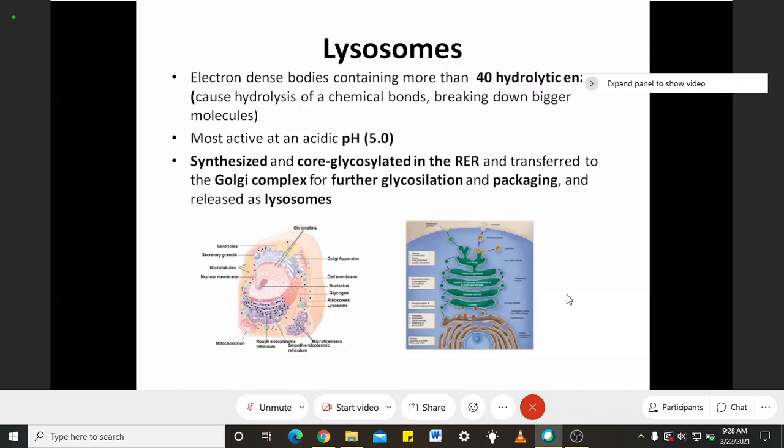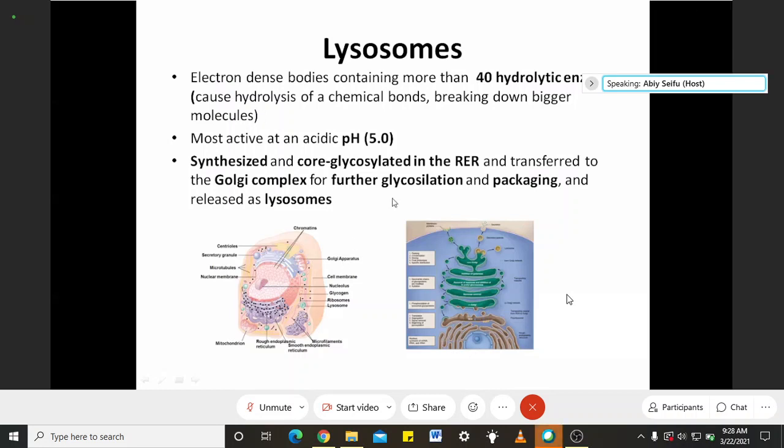These lysosomes could also be released into the outer aspect of the cell to digest substances found outside the cell, such as, for example, the extracellular matrix, which could be destroyed if needed by the enzymes of lysosomes. So these lysosomes are able to kill the cell itself or anything of the cell itself.